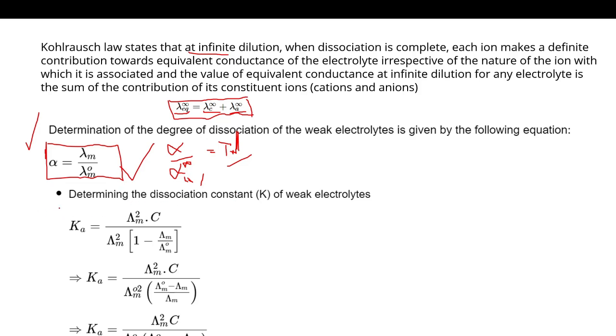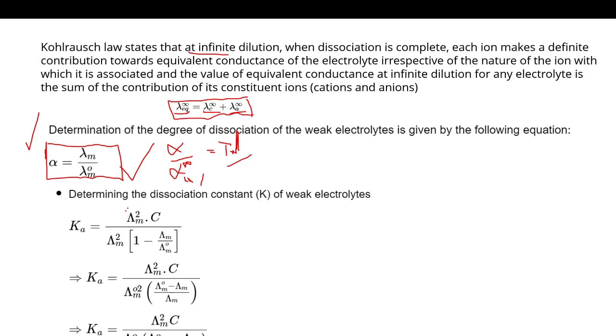Another important thing that I wanted to discuss with this question is the dissociation constant. Alpha is the degree of dissociation and Ka is the dissociation constant. If it is Ka, then it is the acid dissociation constant of the weak electrolyte.